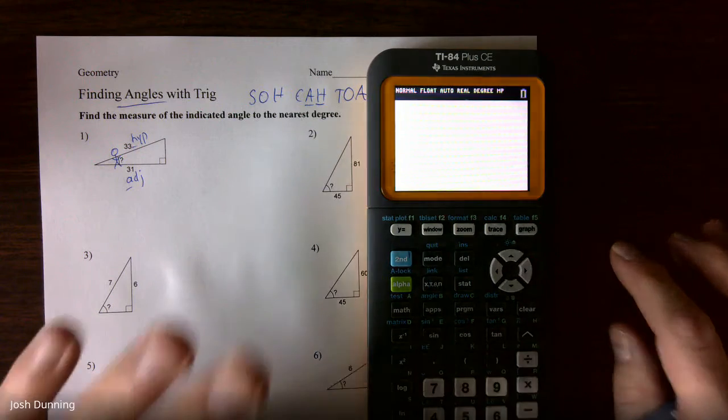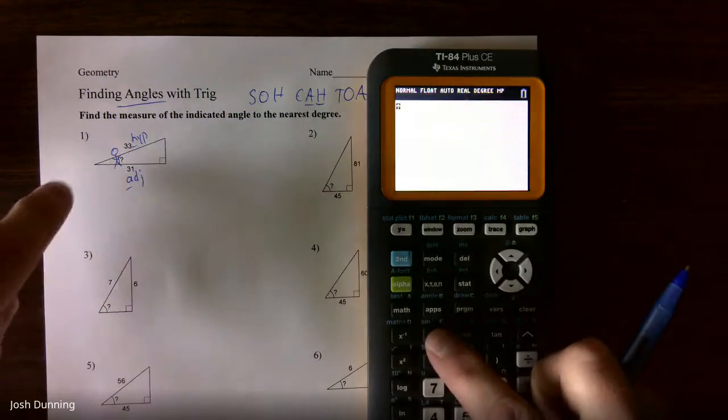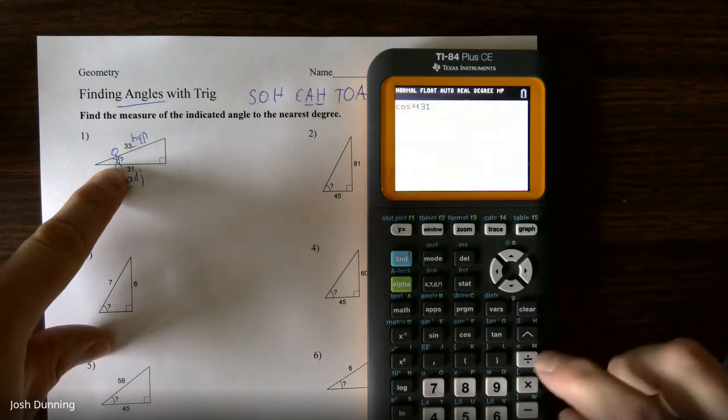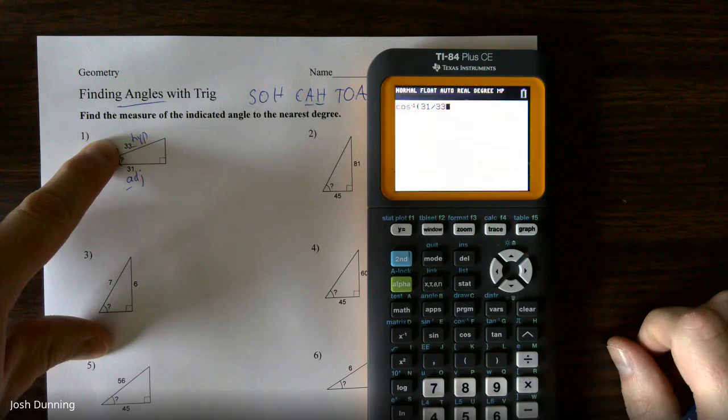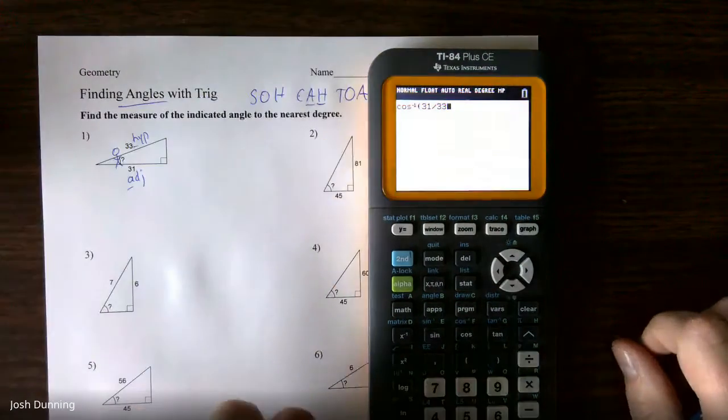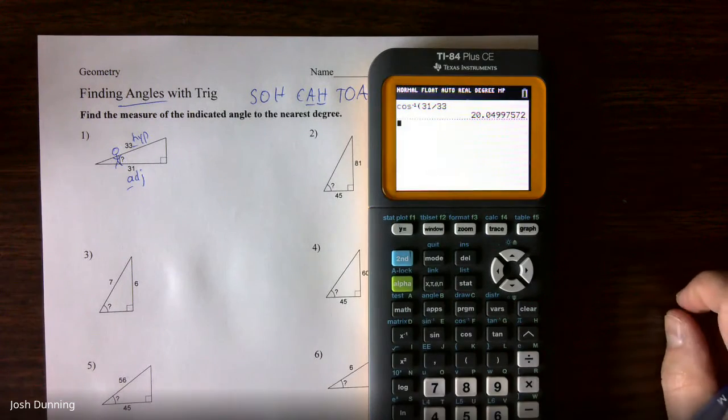So the only difference here is you're going to hit second cosine. Then you put the 31, because the A's first, over the hypotenuse and hit enter.